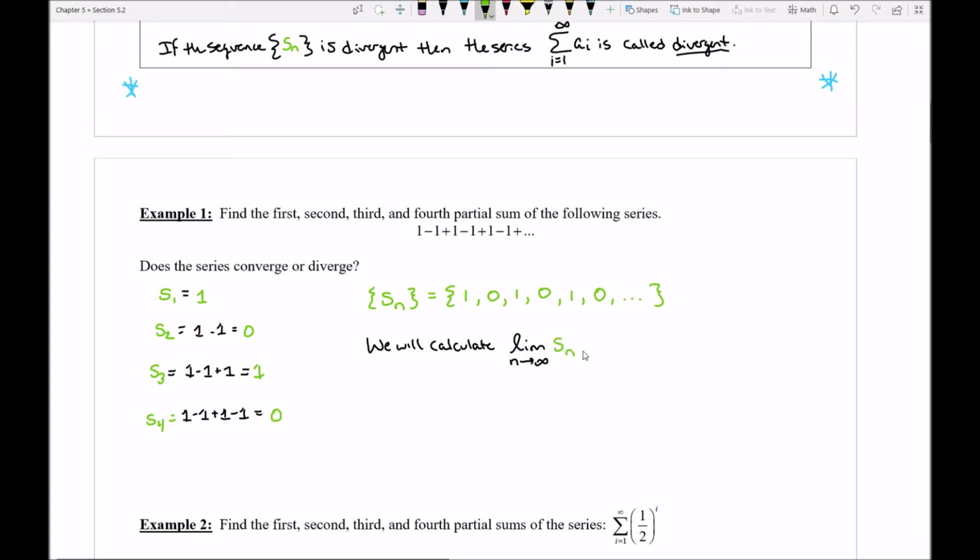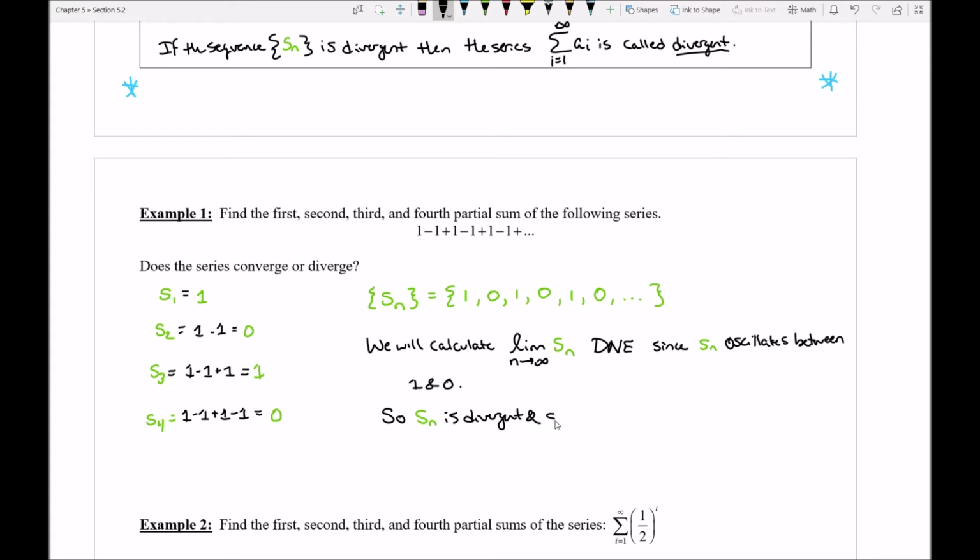And when we look at this, we can probably start to really easily see that if I take this out to forever, then I'm going to get a result that just does not exist, since my S sub n oscillates between the values of 0 and 1. So if this limit doesn't exist, then that means that our green S sub n, that sequence of partial sums, is divergent.